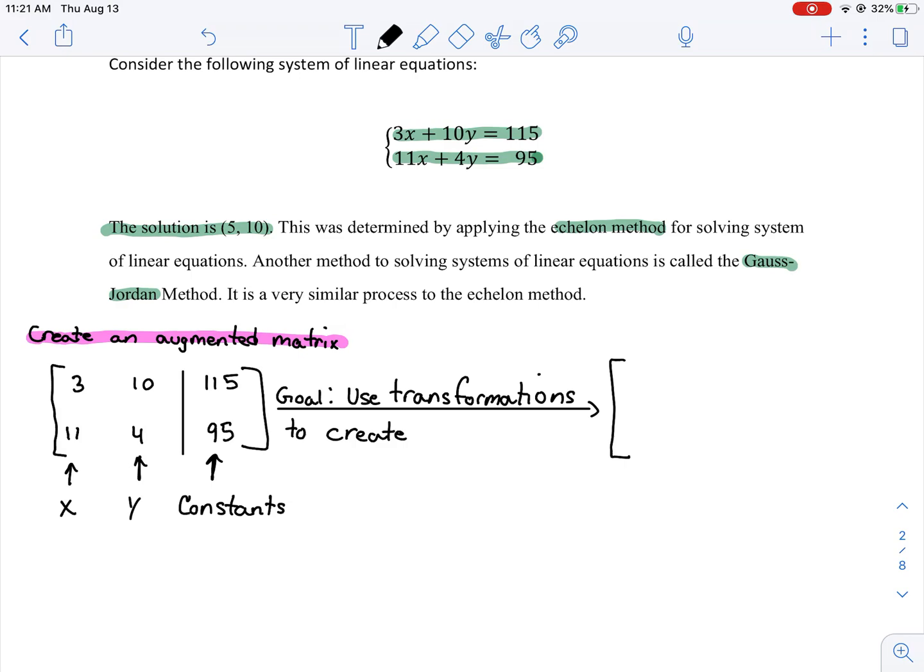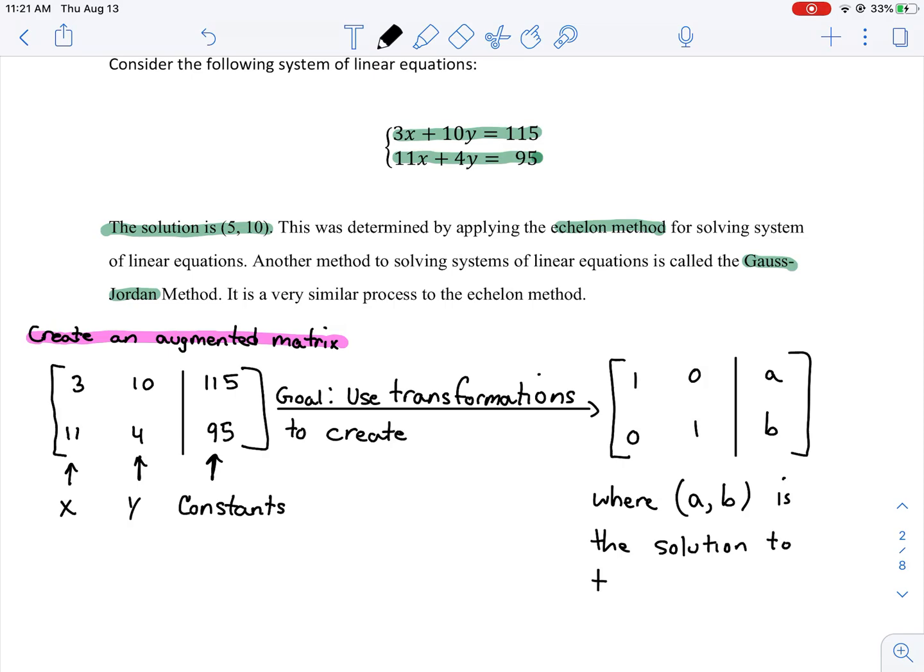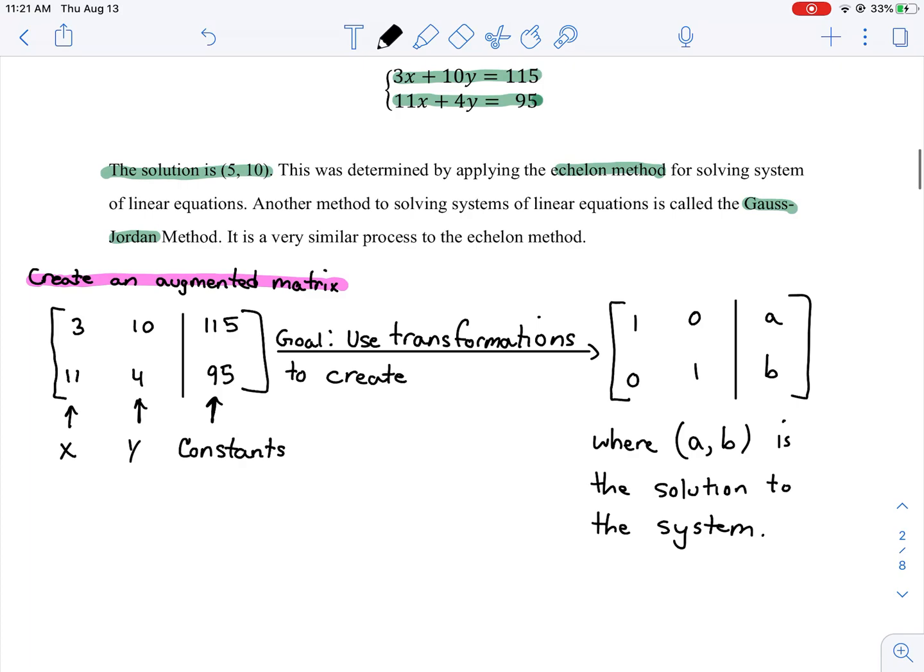We're going to create the matrix 1, 0, A, and 0, 1, B, where the ordered pair A, comma B is the solution to the system. Okay, so let's get started.